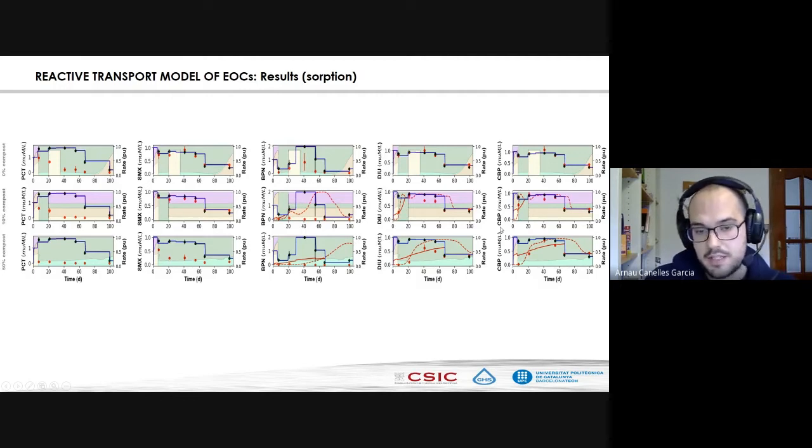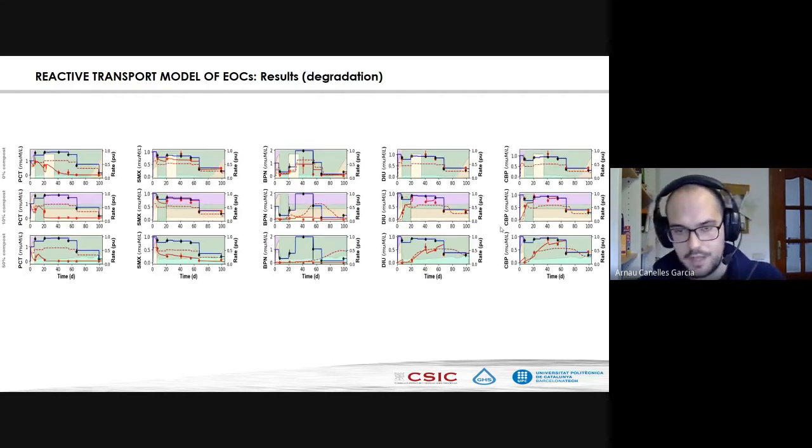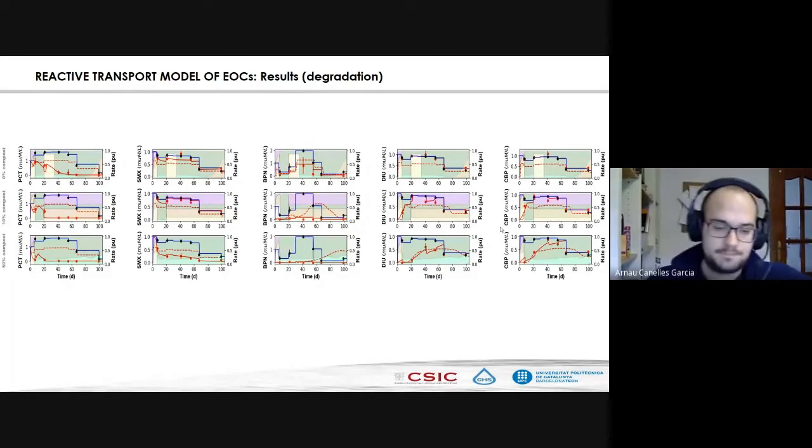But we also saw that there were other things needed for the fitting of the data that we will see in these results, including degradation. As you can see, both paracetamol and sulfamethoxazole include this degradation that was not included before.